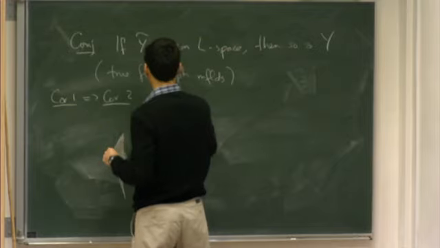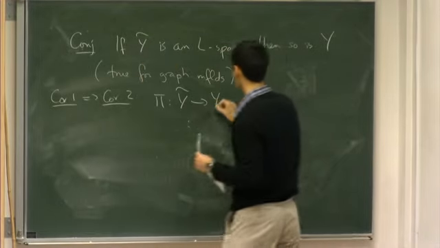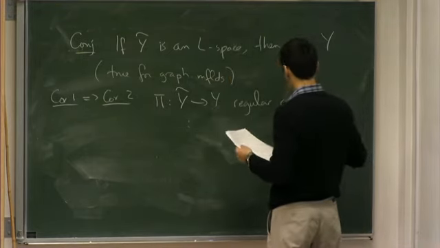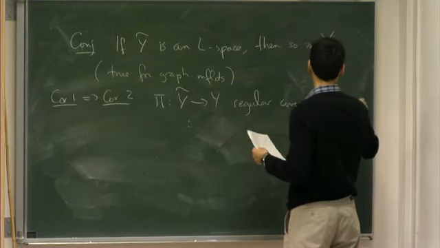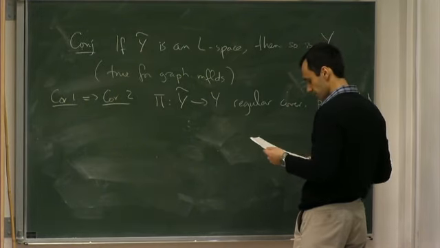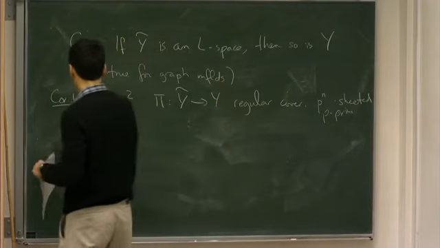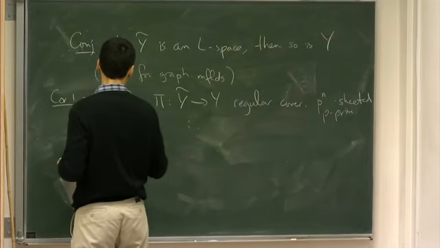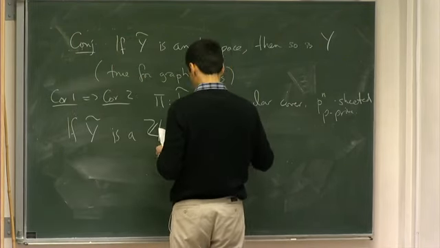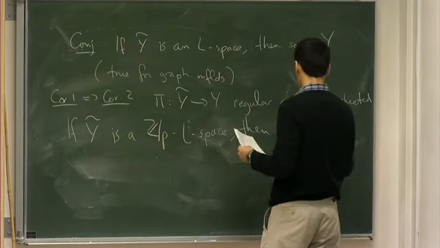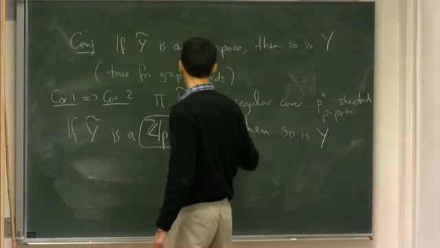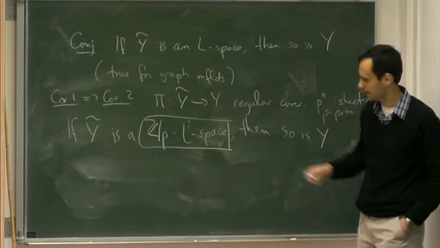which says that under the same assumption, for a regular p^n-sheeted cover, for p prime, if Y tilde is a Z/p L space, then so is Y. Okay, so unfortunately it's not quite L space, but Z/p L space. But what is a Z/p L space?